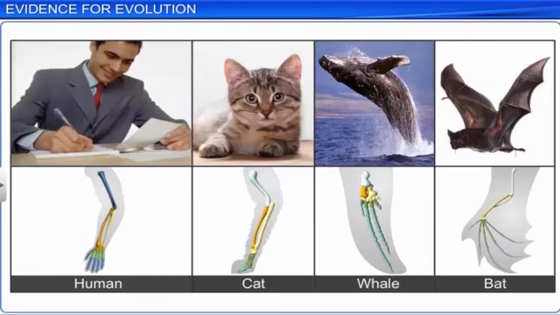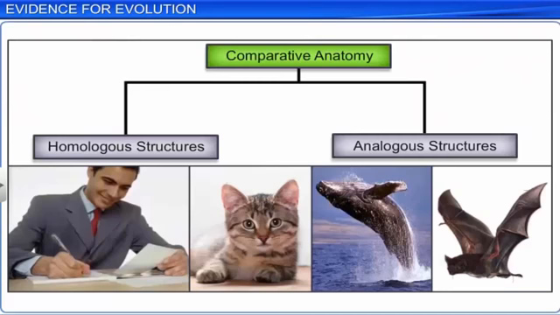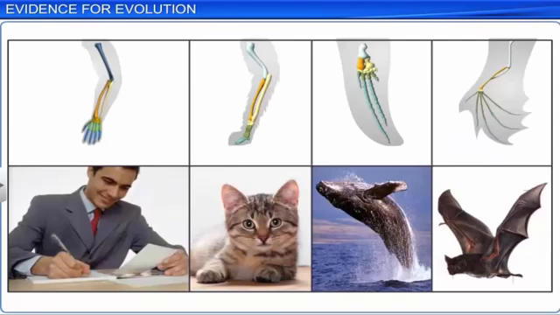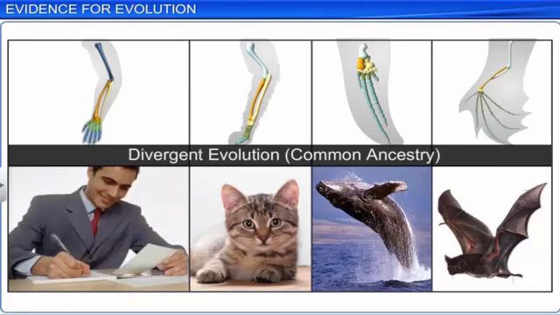Notice that the anatomical structure of the forelimbs is similar even though its functions are different in all mammals. Thus, when the same structures develop along different directions because of specific needs of different animals, they are known as homologous structures. These structures point to a common ancestry, and this type of evolution is called divergent evolution.